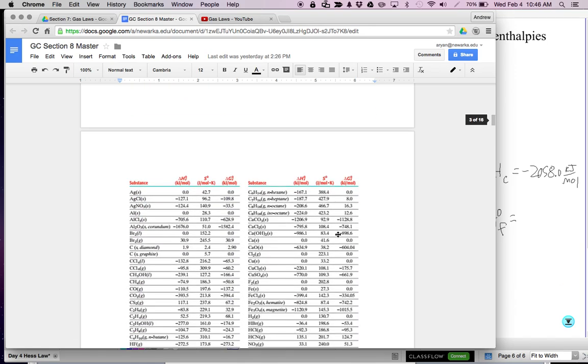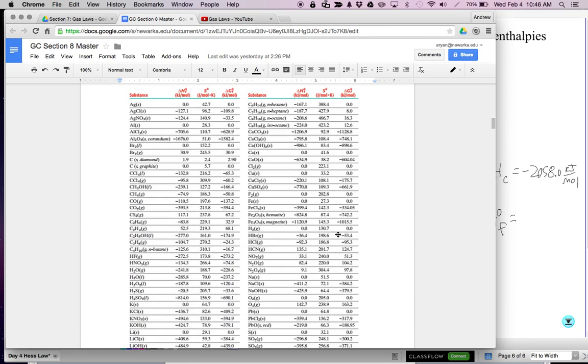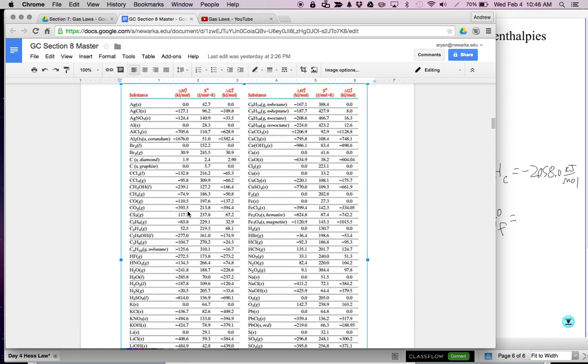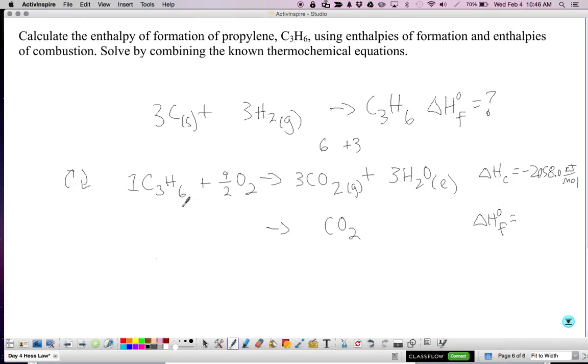Here's carbon dioxide, CO2, negative 393.5 kilojoules per mole. Now I need to finish writing this equation. So this is carbon solid plus oxygen gas, and everything's 1 to 1 to 1.